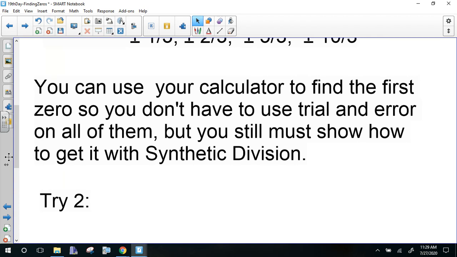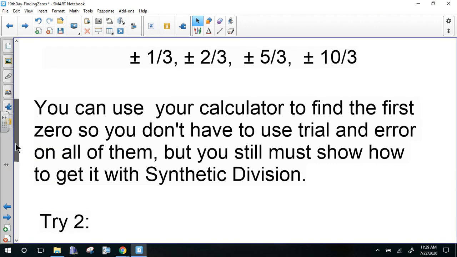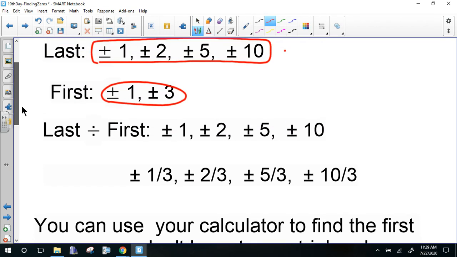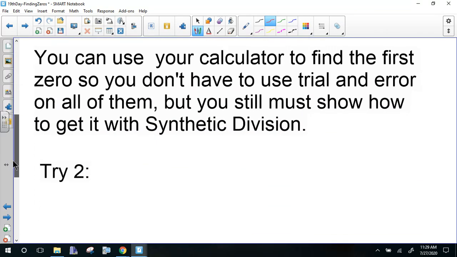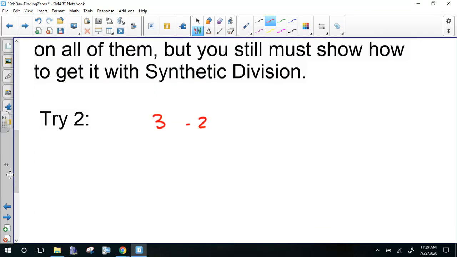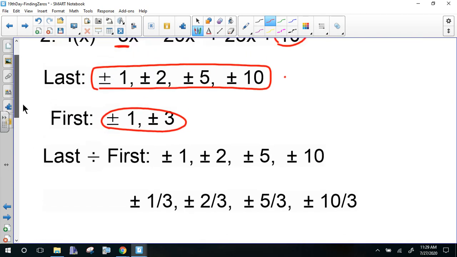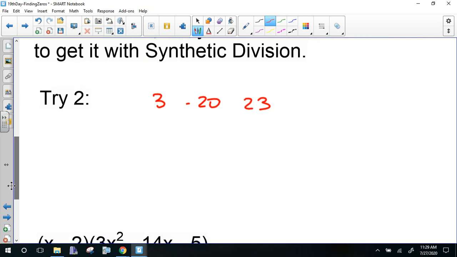So I think I graphed this one and it looked like it crossed at 2. And so I've got 3, negative 20, 23, and 10. And I'm going to try 2.